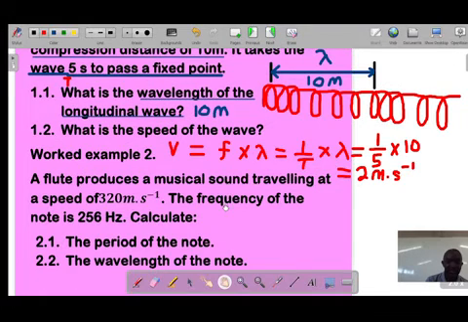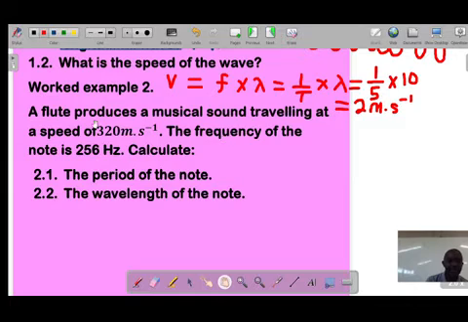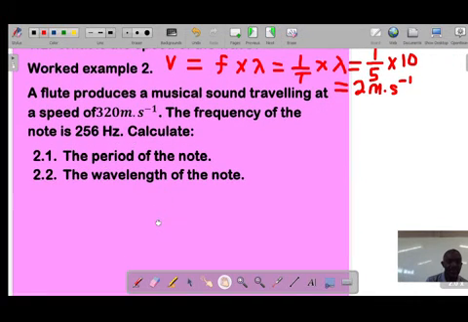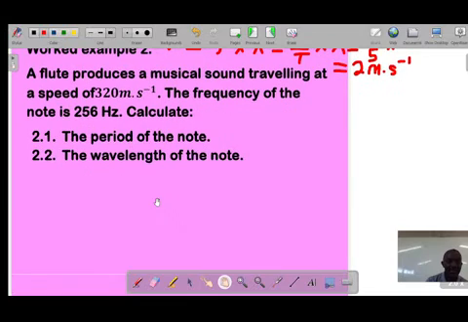We'll take example 2. They said that a flute produces a musical sound traveling at a speed of 320 meters per second. The frequency of the note is 256 Hz. Calculate the period of the note and the wavelength of this note. Okay, let's check it out properly.